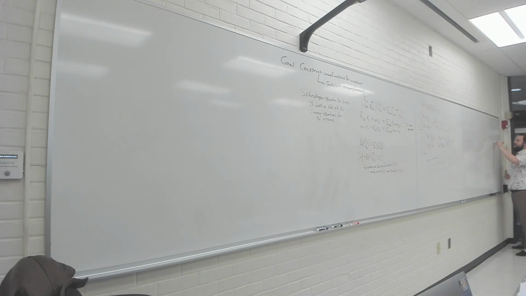And therefore, H2 has two molecular orbitals corresponding to energies E plus and E minus. All right, I'll draw a diagram of this to show you what it looks like.